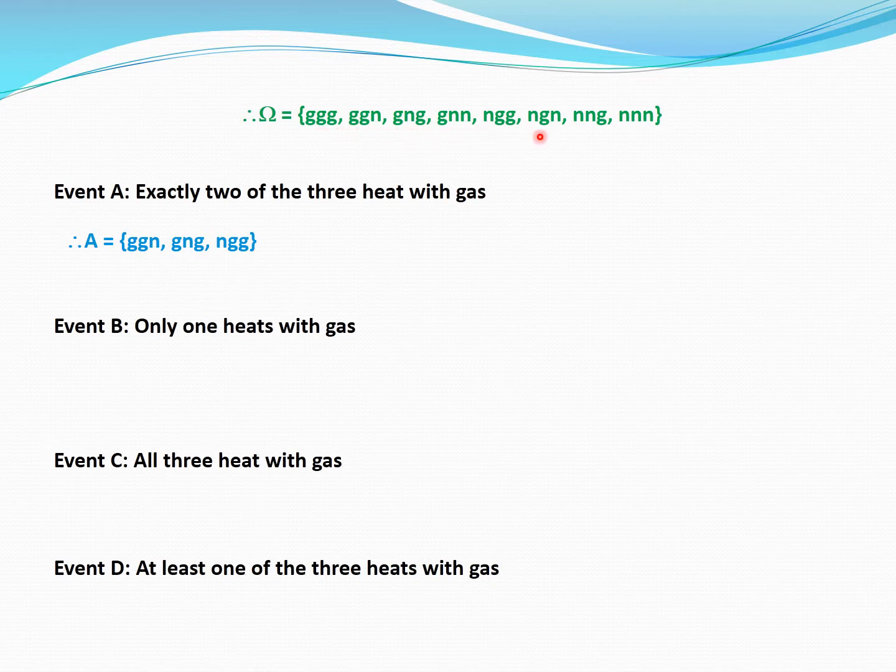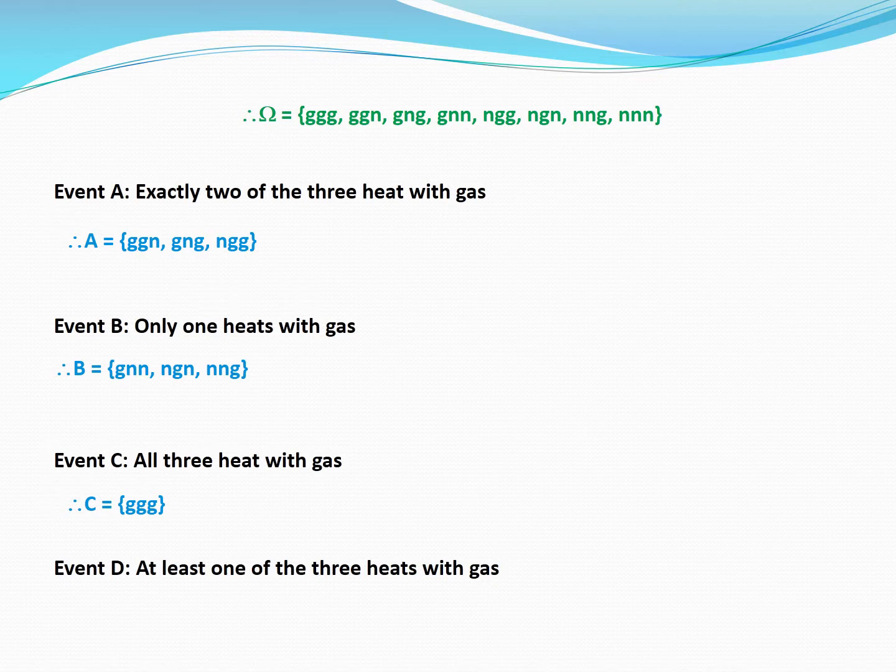So from your sample space, you will include all the outcomes where you have 1 G in that event's outcomes. So it will consist of those 3 outcomes. Then event C, all 3 heated with gas. So from your sample space, you will only have this one outcome because you look for 3 G's.